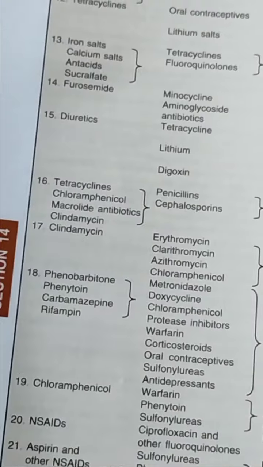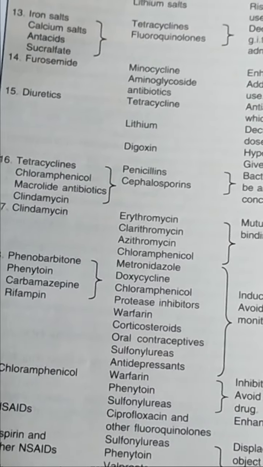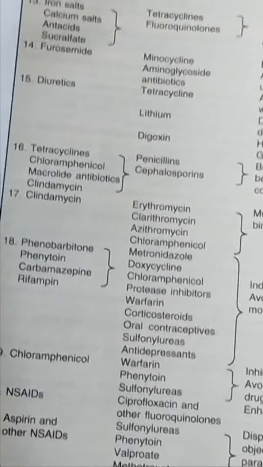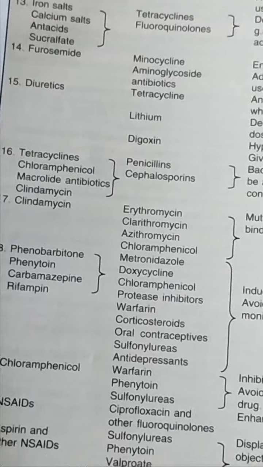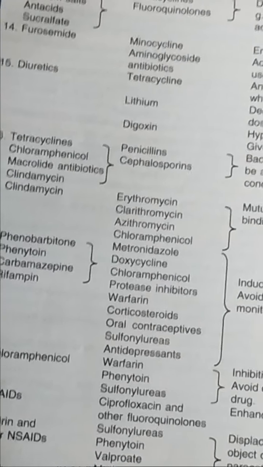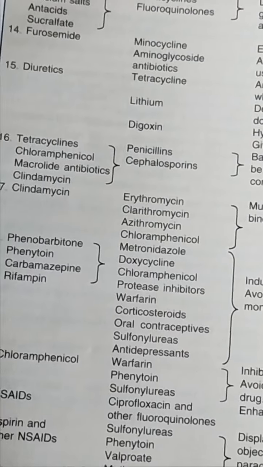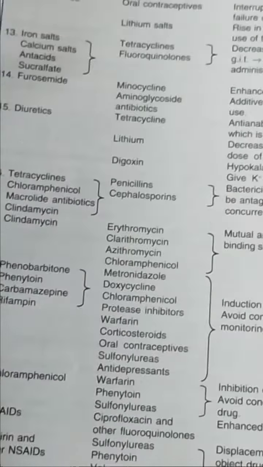Diuretics with tetracyclines increase urea production. When you take lithium with diuretics, excretion decreases and lithium levels rise, which causes toxicity.